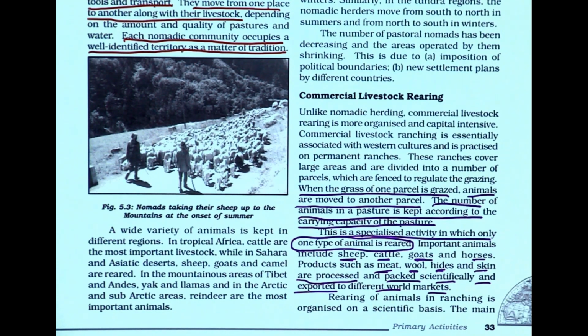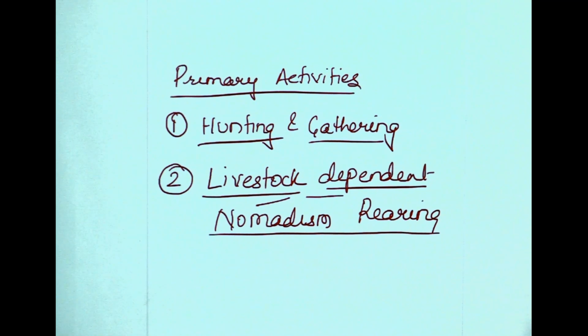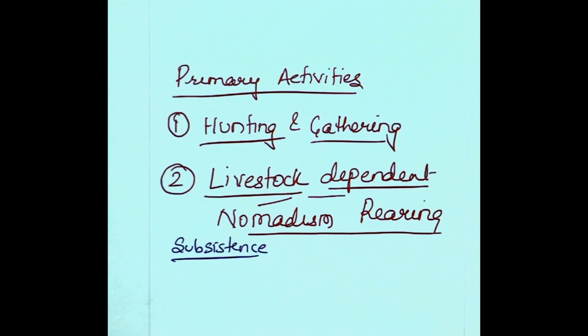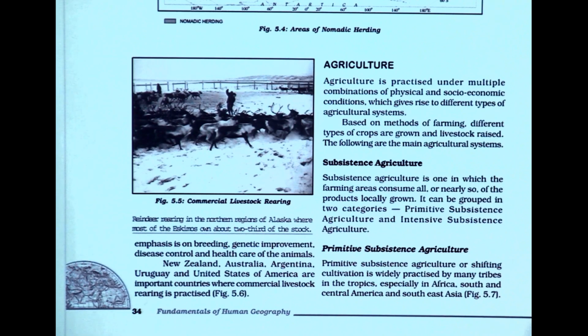If I go to my flow chart again, nomadism will be for subsistence and rearing can be of commercial purposes. Now commercial livestock ranching, because it's scientific in its nature, there is also emphasis on breeding, genetic improvement, disease control and health care of the animals. New Zealand, Argentina, Australia, Uruguay, USA are the important countries where commercial livestock is being practiced.